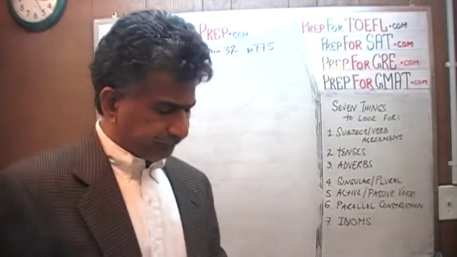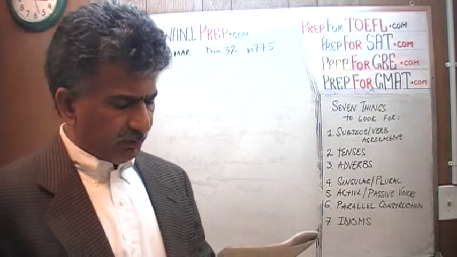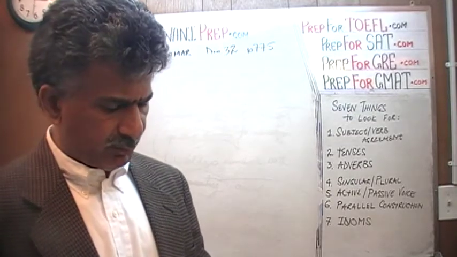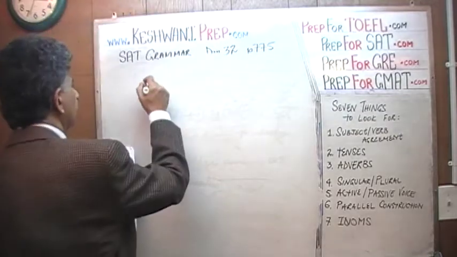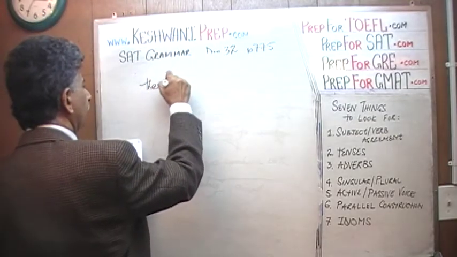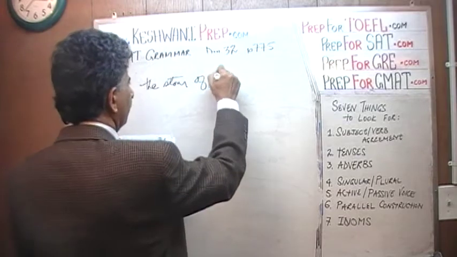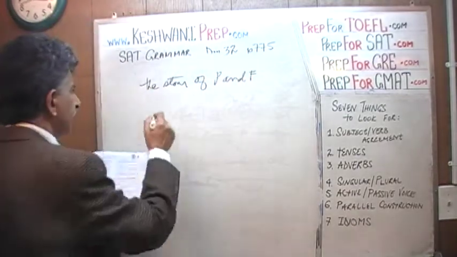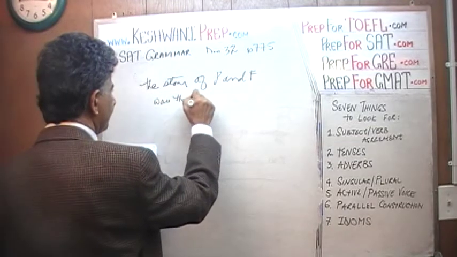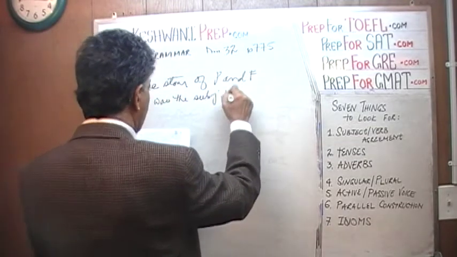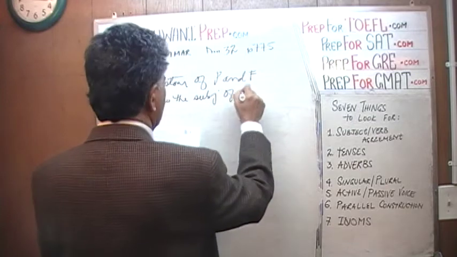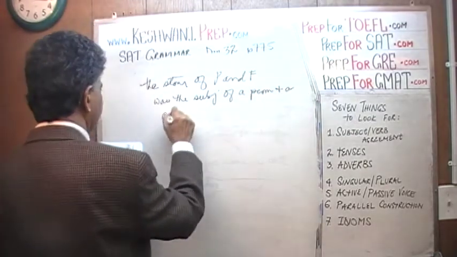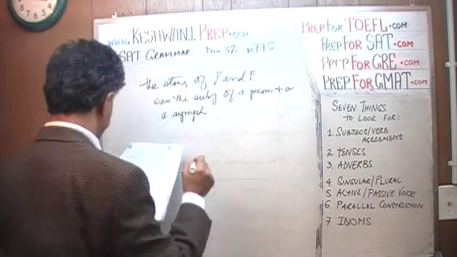Number 7. The tragic story of Paolo, I don't know how to pronounce it, and Francesca. The story of Paolo and Francesca was the subject of a poem and a symphony.